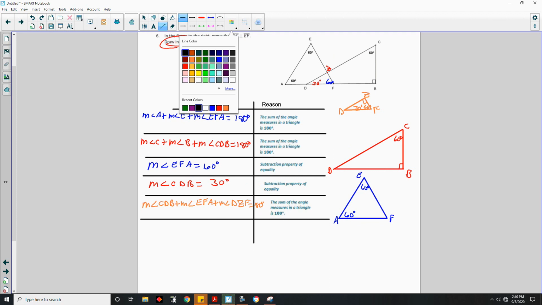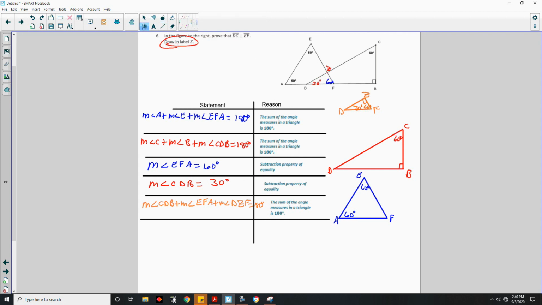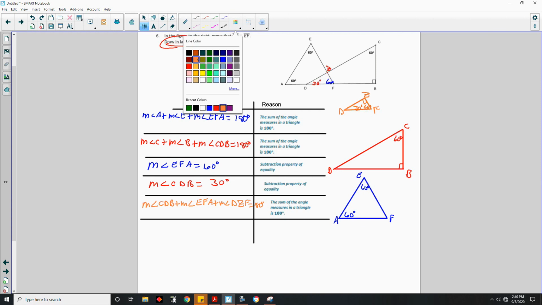Okay, so now that I've said that, let's see. Now we're talking about DZF, which is right here. So now I can say this is congruent to this.